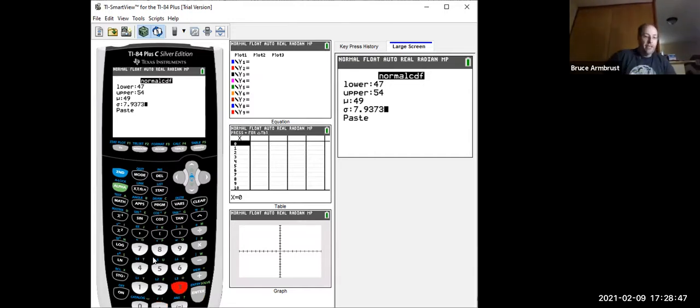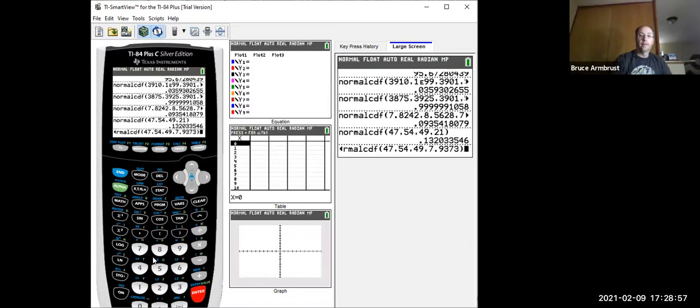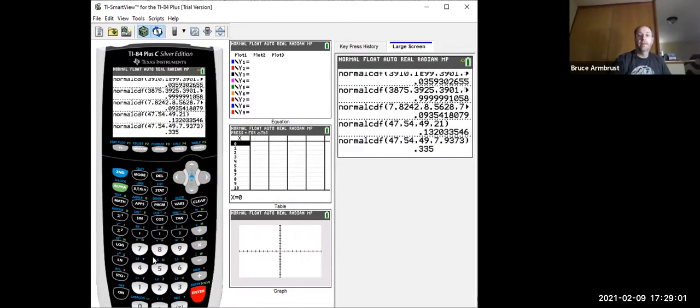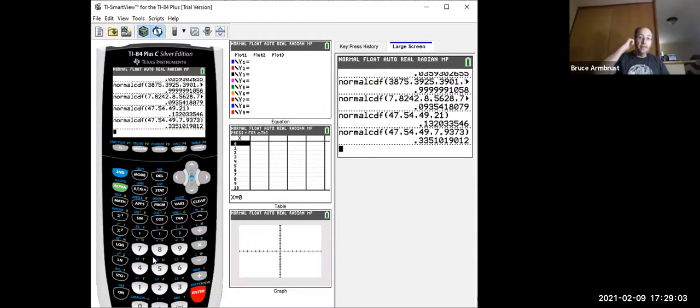That standard deviation was 7.9373, the one that was found when we divided by the square root of n. Okay, so if we do this, we end up with a much larger number of 0.3351.